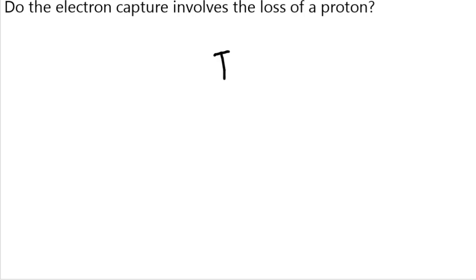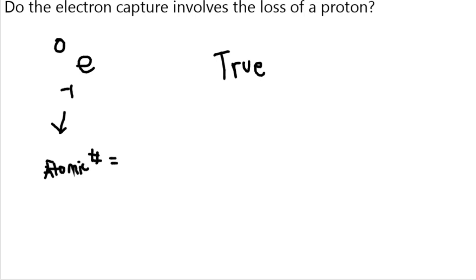Does electron capture involve the loss of a proton? So this is true, because for the electron, we have a negative 1 here, so it will basically lose a proton. This atomic number is equal to the number of protons.